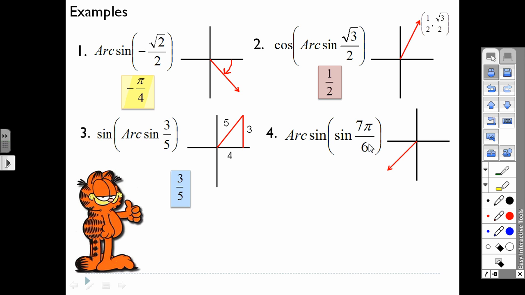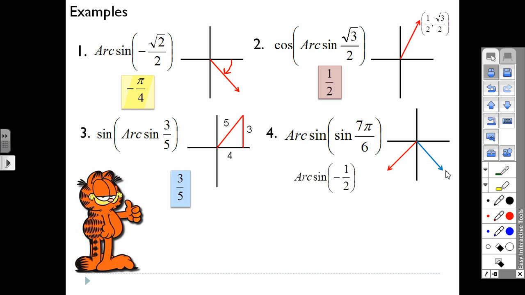So 7 pi over 6 puts us right here. The sine of it is negative 1/2. So we evaluate, what is this? Well, that's negative 1/2. Now we have a new expression that we have to solve, the capital arc sine of negative 1/2. So now, using our rules of our principal values, since sine is negative, that's going to put us over here in the 4th quadrant.